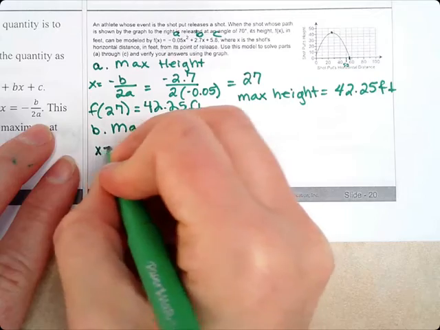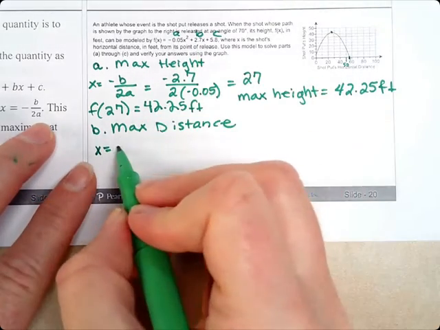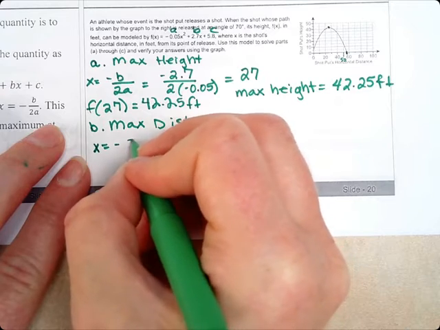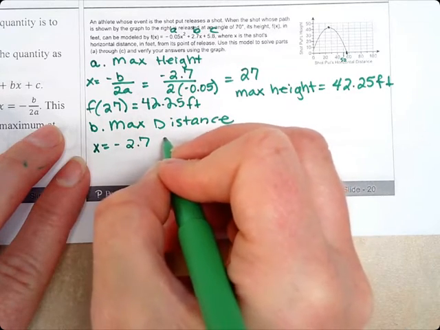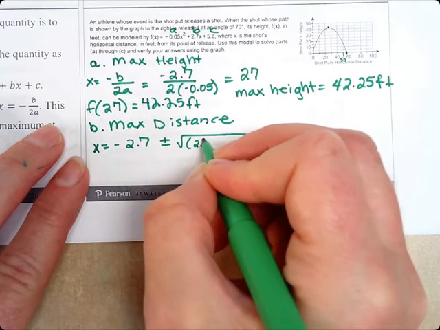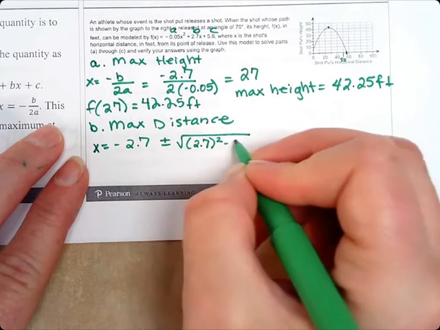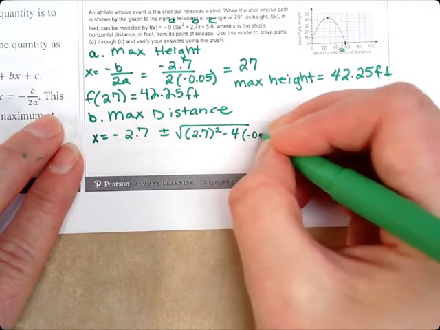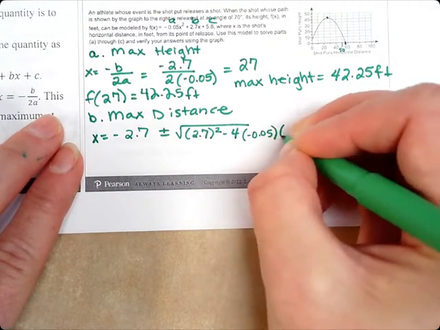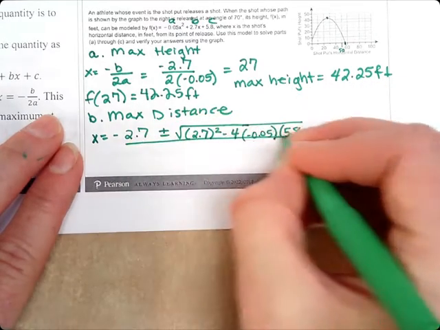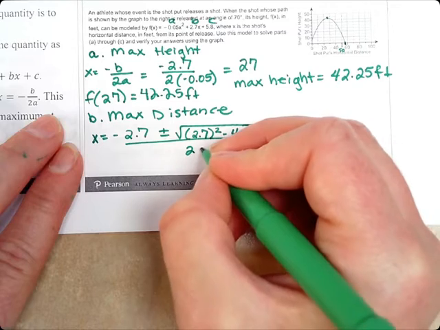So x equals negative b, so negative 2.7 plus or minus the square root of b squared, so 2.7 squared, minus 4 times a times c, all over 2a.